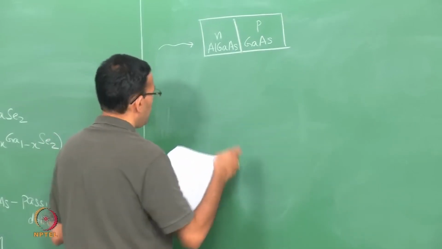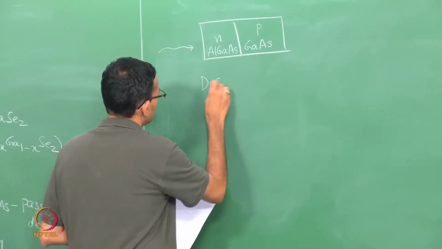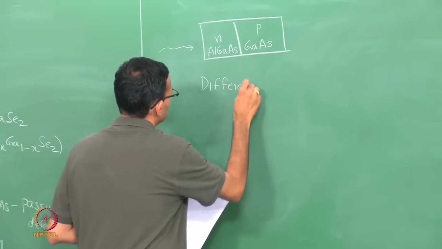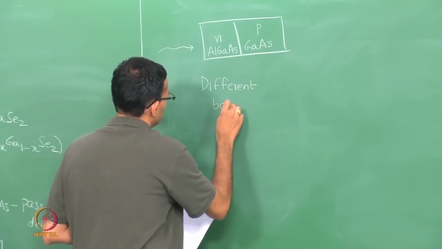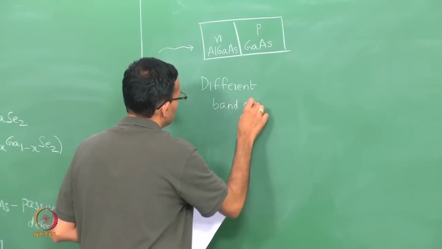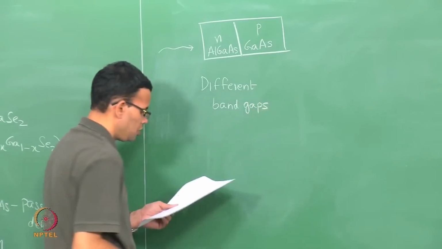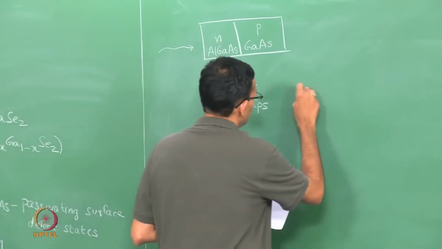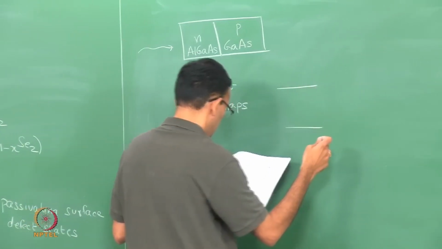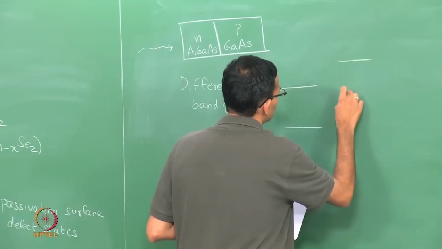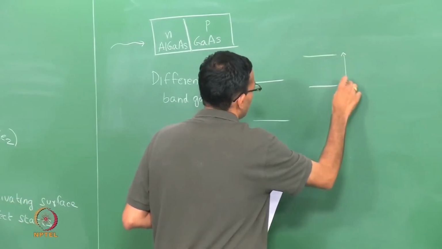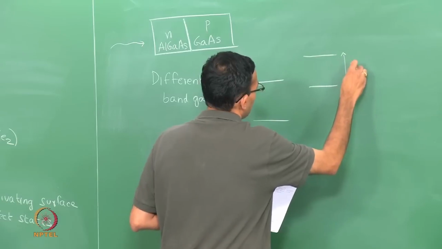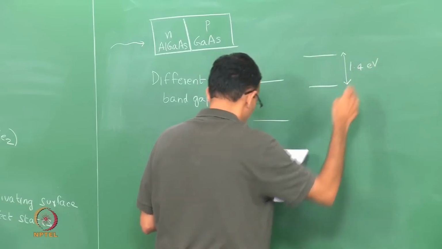So, here you have different band gaps. So, this again makes carrier separation easy. So, this is your gallium arsenide with a band gap of 1.4 electron volts.